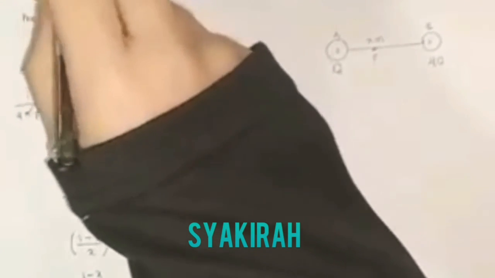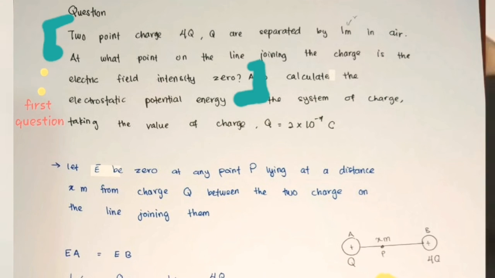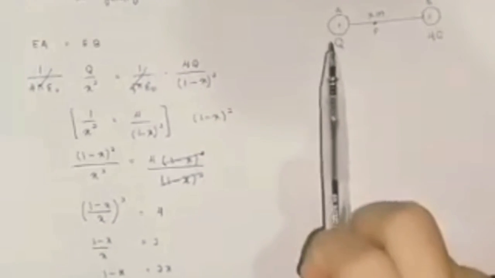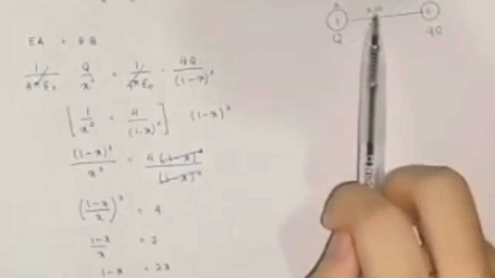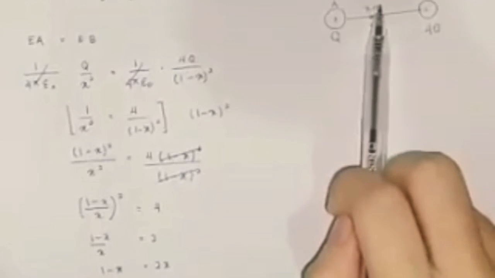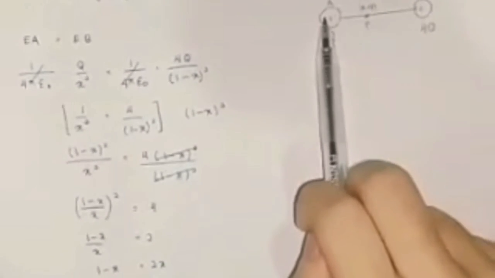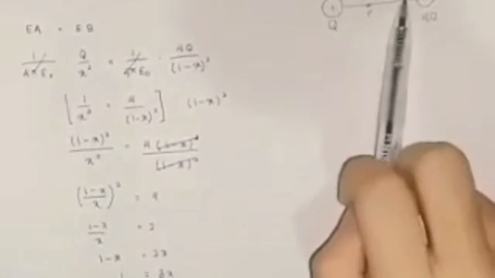Question. Two point charges 4Q and Q are separated by 1 meter in air. At what point on the line joining the charges is the electric field intensity 0? So here, sketching. Let the electric field intensity be 0 at any point P lying at a distance x meter from charge Q between the two charges on the line joining them.